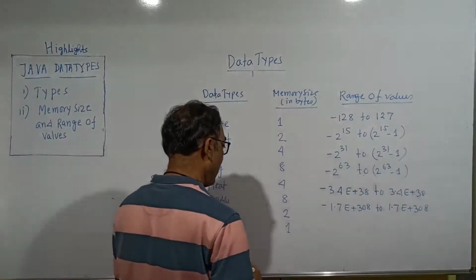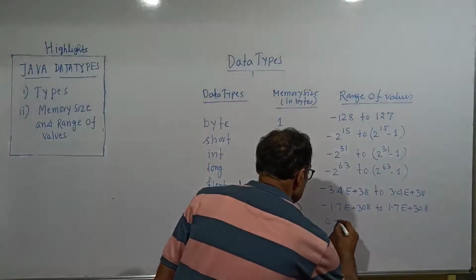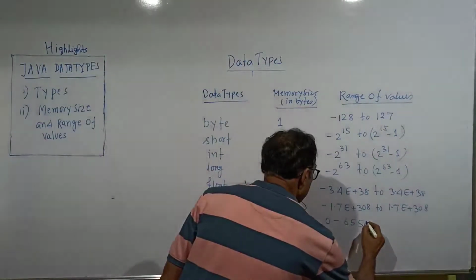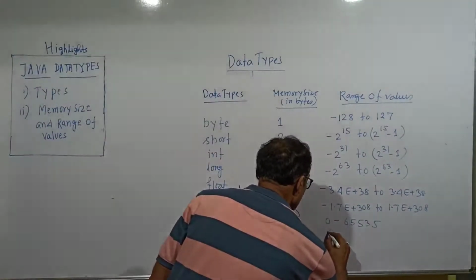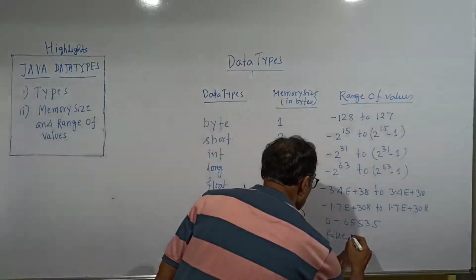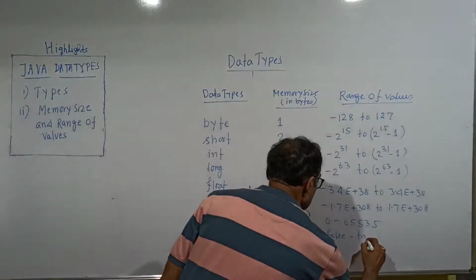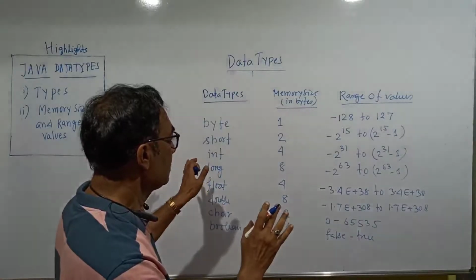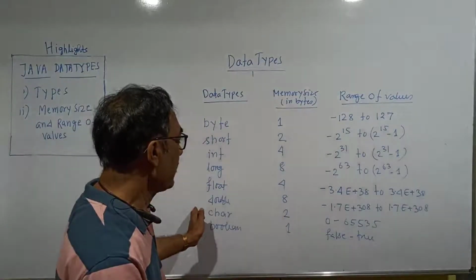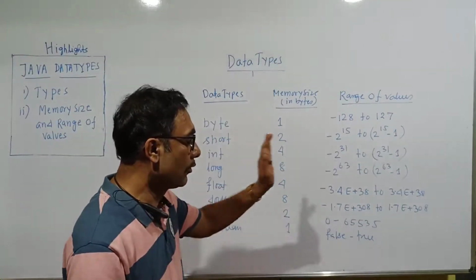For char, it is 0 to 65535. For boolean, this is false and true. Okay, so that chart says the name of the data types, the memory size, and the range of values.